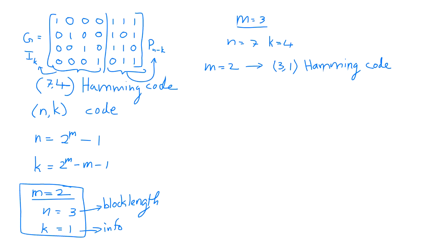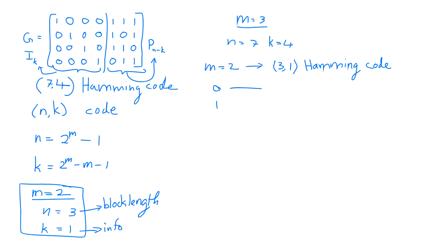So with one information bit, we have two possible information messages, right? The message is going to be either 0 or 1. Because we have only one bit length for the information, we can have only two possible messages. The first message is 0, and the second message is 1.